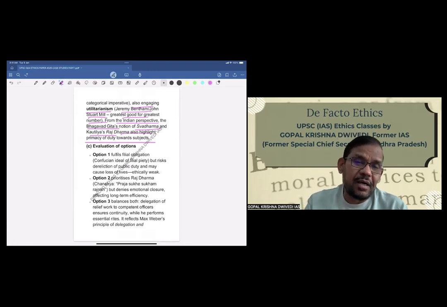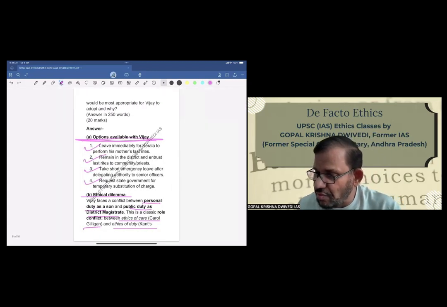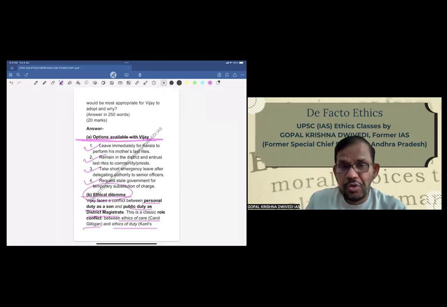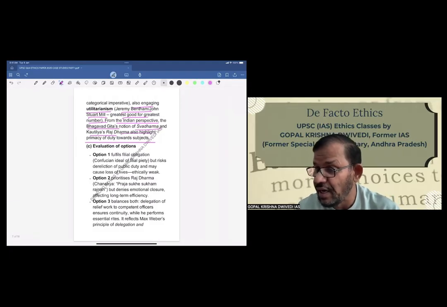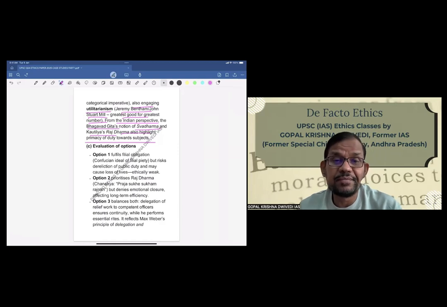So the answer should not only give what dilemma Vijay faces, but also tell which value or option or dilemma is supported by which ethical theory. That has been mentioned very clearly. Some Western theories have been quoted and some Indian theories also. For example, the Gita and Kautilya are very, very relevant as far as this case is concerned.